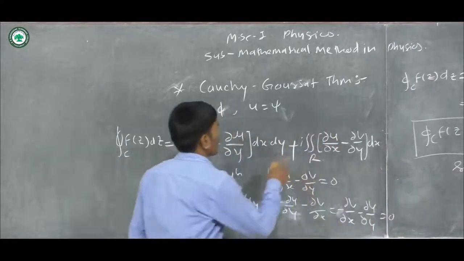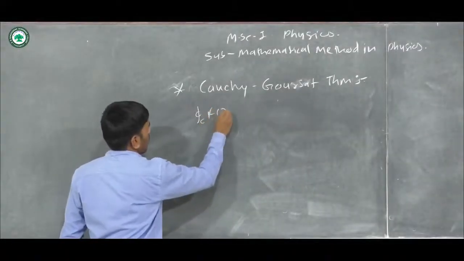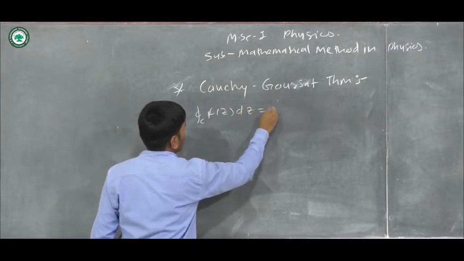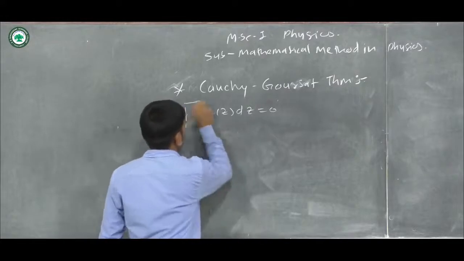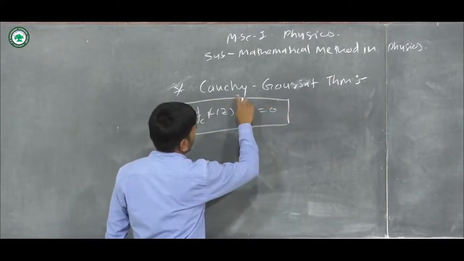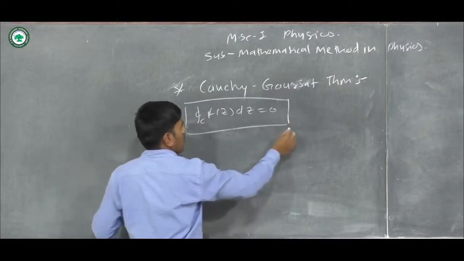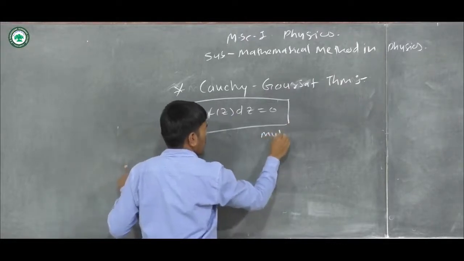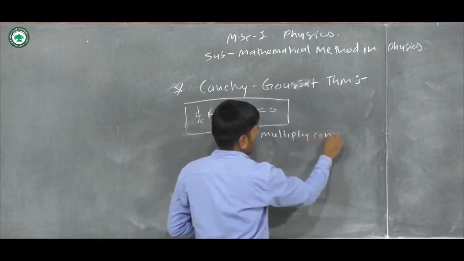The integral of f(z) dz is equal to 0. This is the Cauchy-Goursat theorem, and we now apply it for multiply connected regions.